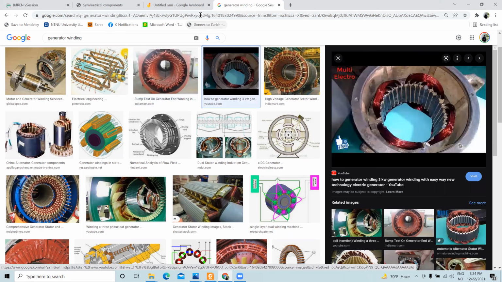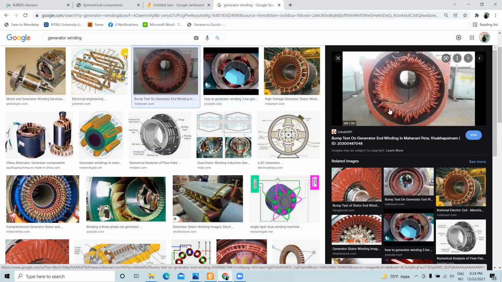So I was talking about why the generator output voltage almost never exceeds 25 kilovolt. In most of the cases, it's only limited to maybe 11 or 16 kilovolt. The reason is that if you increase the voltage, you also need a lot of insulation here. So all the spaces here will take the insulations, and the conductor size will be reduced significantly.